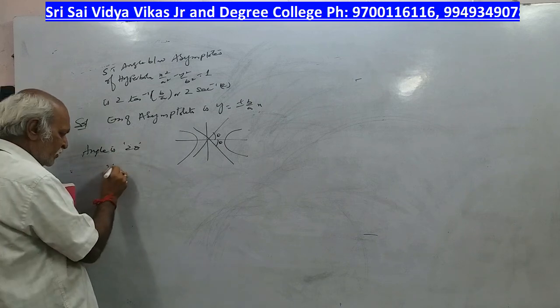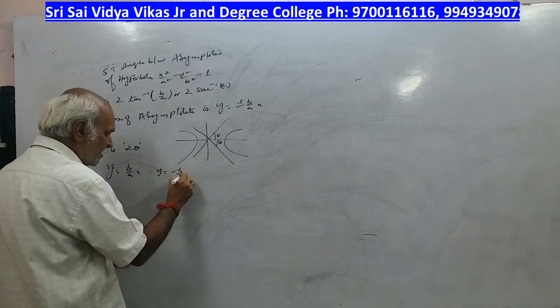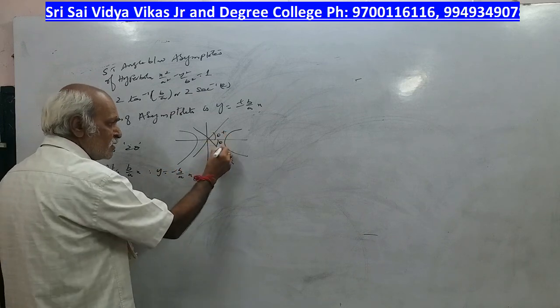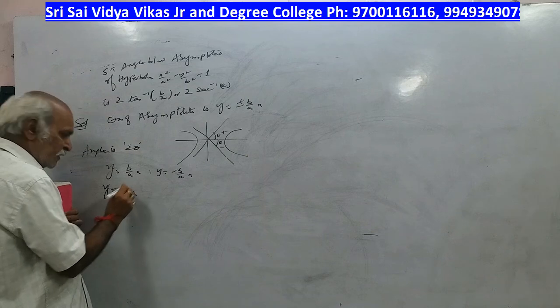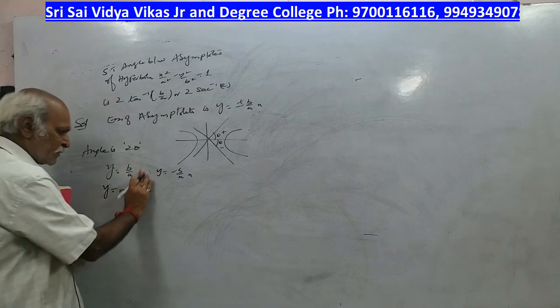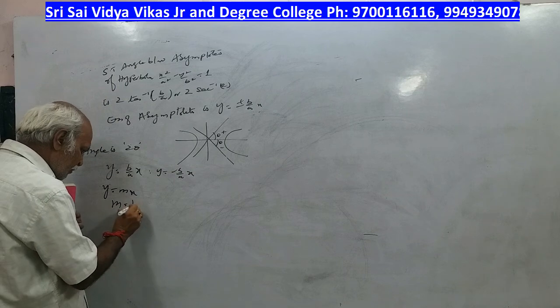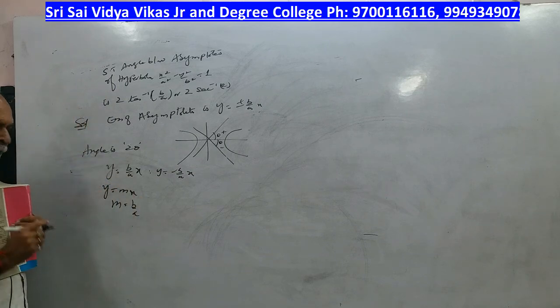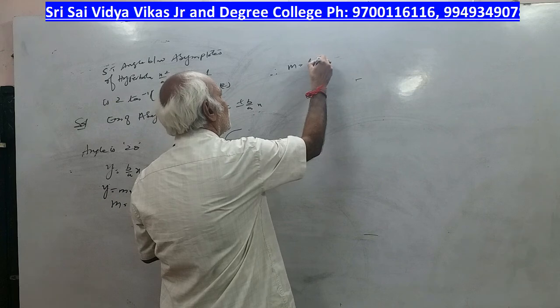Now what is the given equation? y is equal to b by a x and y is equal to minus b by a x. One is plus angle, one is minus angle. We know y is equal to mx. It is in the form of y is equal to mx. So what is the m value? b by a. Therefore, we know m is nothing but tan theta.